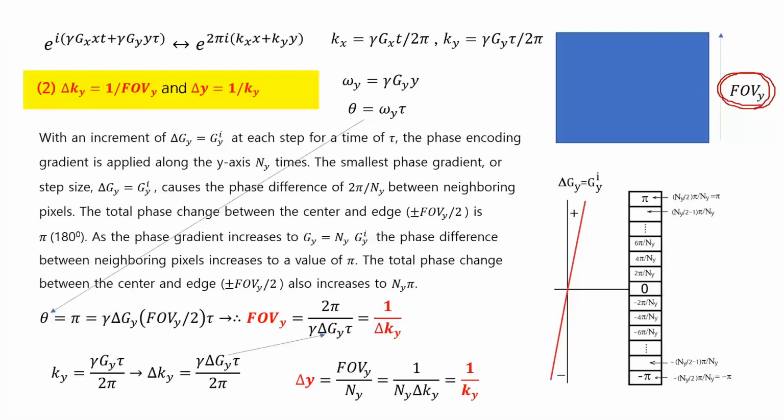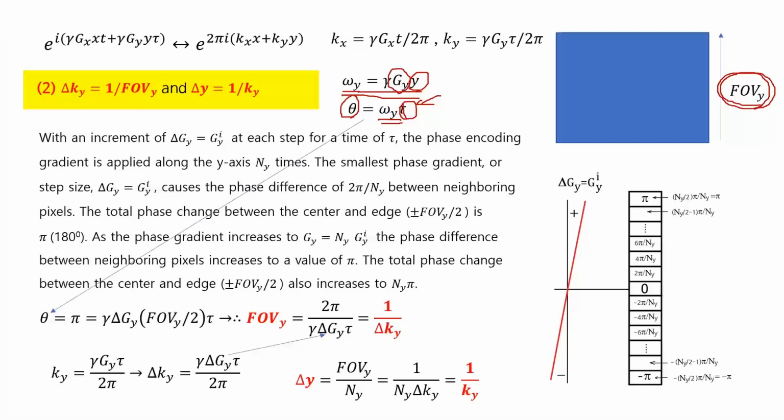If we use the phase encoding gradient Gy, then at position y, the spins' normal frequency is given by this relationship, and the phase angle is omega y times the time of the phase encoding gradient.